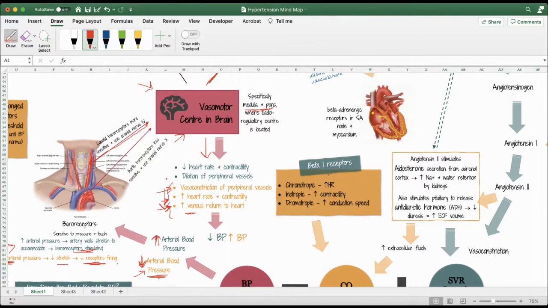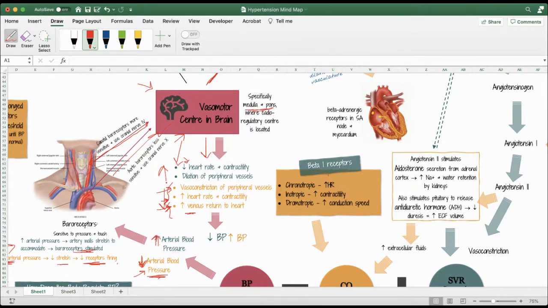And then if the blood pressure has been high and the baroreceptors sense that, they send the message to the brain, it comes back, and they now will do the opposite, right? They will slow down the heart rate, slow down contractility, which means it's not going to pump as hard or as fast. And then it will dilate the peripheral vessels.